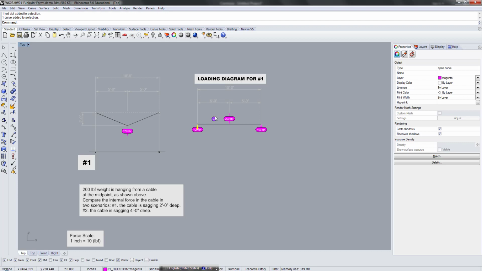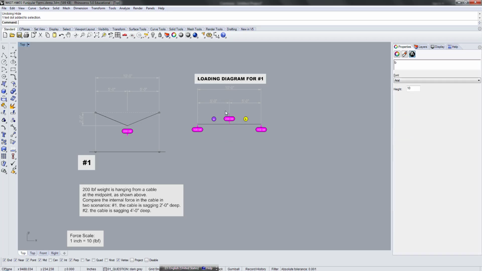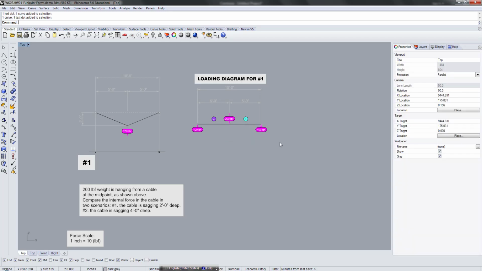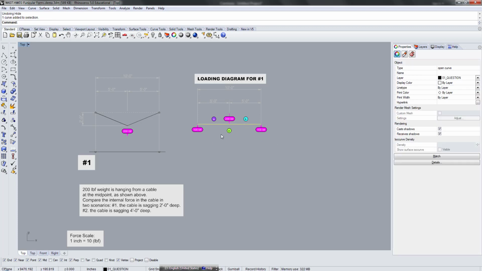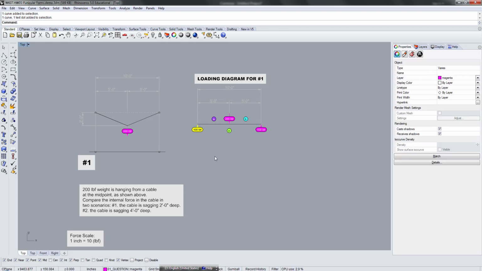So A is between the reaction on the left side and the load in the middle. The next zone is called B, which is between this and that. And the last one, underneath this horizontal line, is area C, which is between this 100-pound force and that 100-pound force.